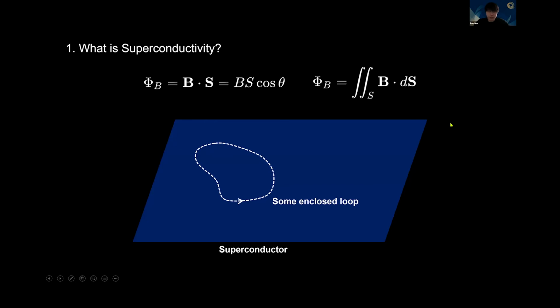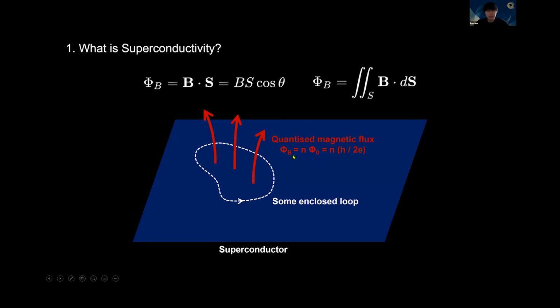In a superconductor, if you consider any arbitrary loop enclosing an area, the magnetic flux going through it must be quantized. That means it must be an integral multiple of a constant. In this case, the constant is phi naught, or the flux quantum.